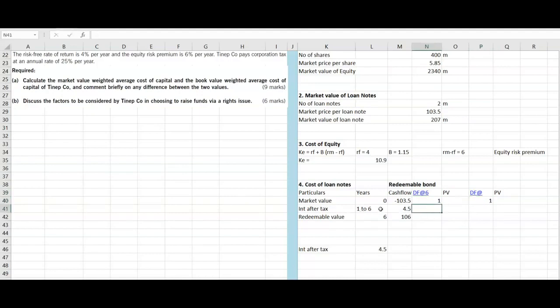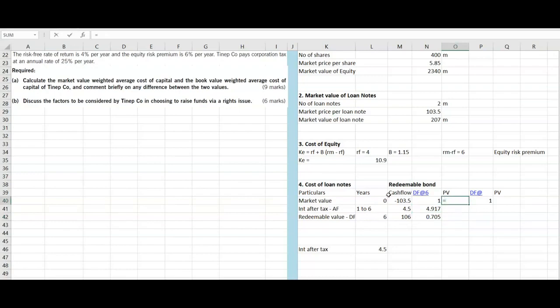For this you have to take an annuity factor table, and for this you have to take a discount factor table. So the annuity factor comes to 4.917, and the discount factor for 6 years at 6% comes to this number.